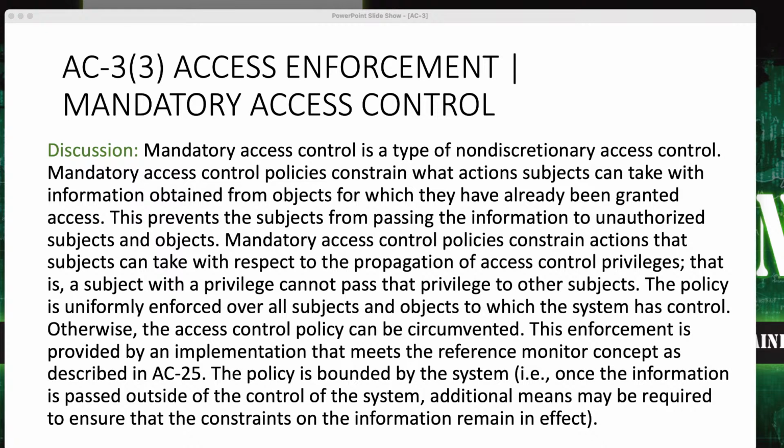And then on the other hand, we have objects, which could be a printer, it could be a file, it could be another type of object that lives on a system, right? So let's just talk about a file, say a Word document. In mandatory access control, all of those Word documents are given a level of access. So let's say the level of access for a file is secret.